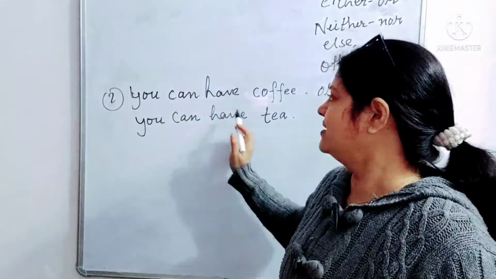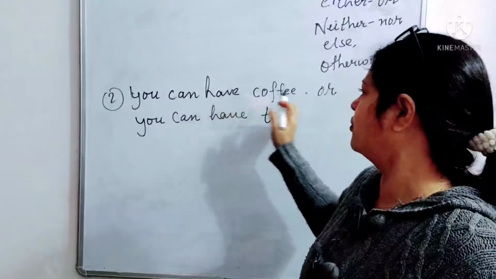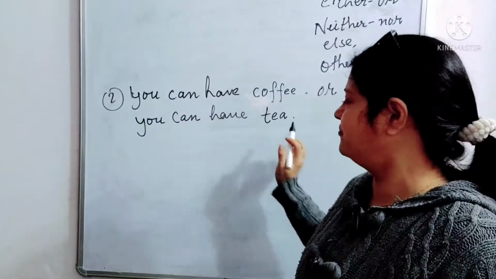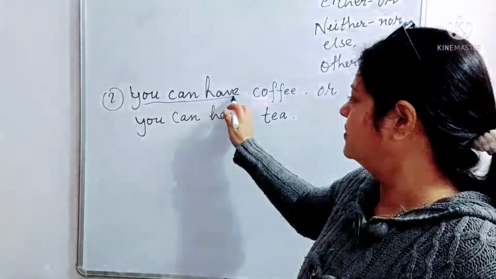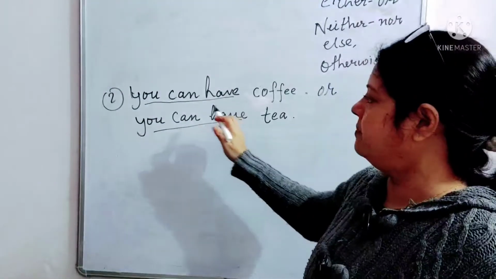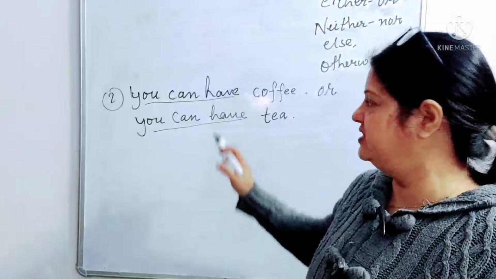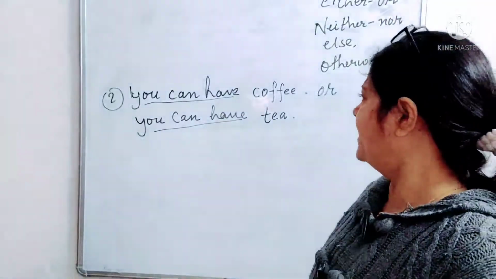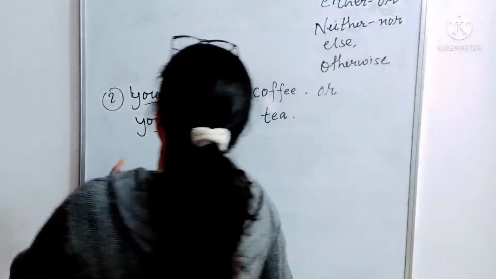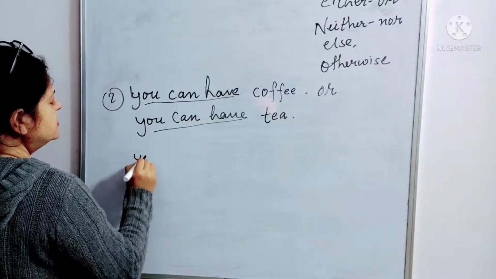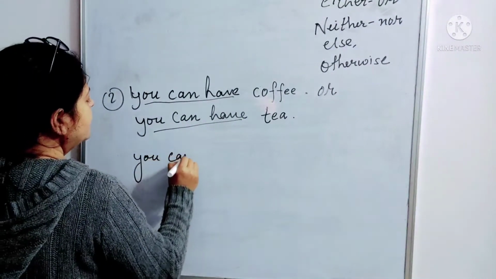So we see the first sentence, you can have coffee or you can have tea. So we see that this part, you can have or you can have, means subject and verb. These parts are common, but the object part is different. So what we will do is first write the subject part, that is you can have.